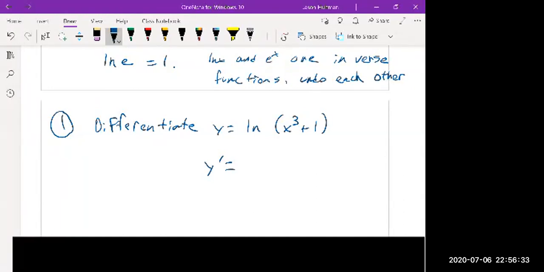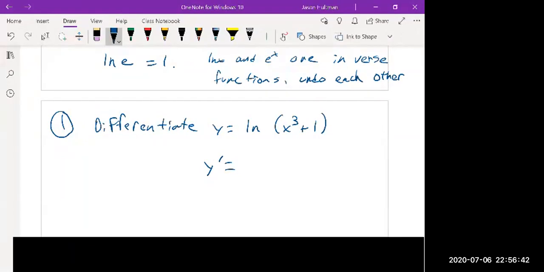Okay, well, we're going to have to take the derivative of natural log. But what is the derivative of natural log? Isn't it just 1 over x, right? But here we have a 1 over this thing.